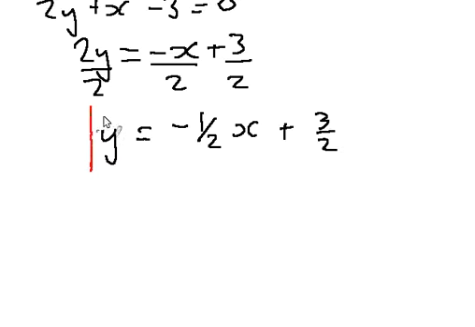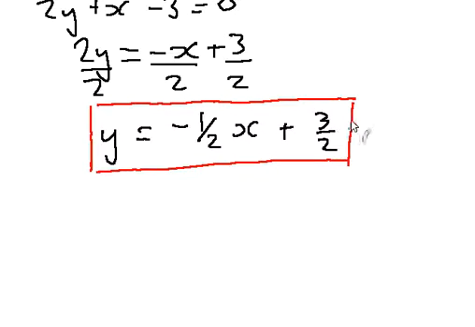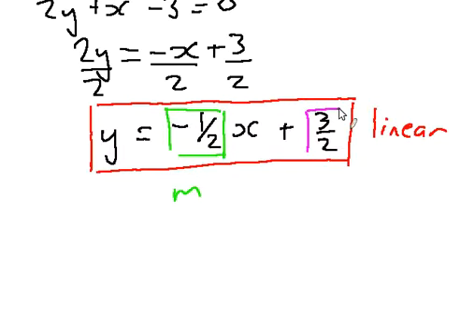There we go. Okay, so we have got a linear function. Let's try and identify some of the stuff. This over here is m, and this over here is c.